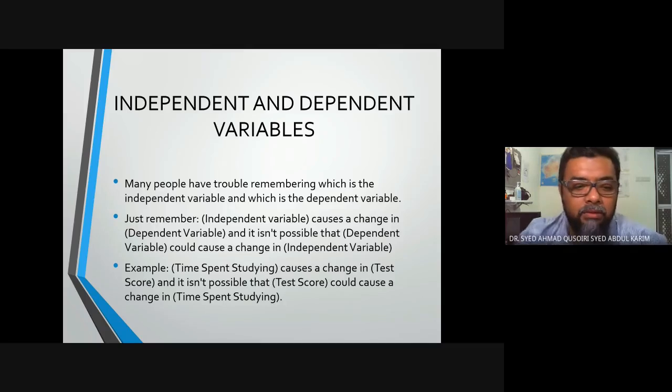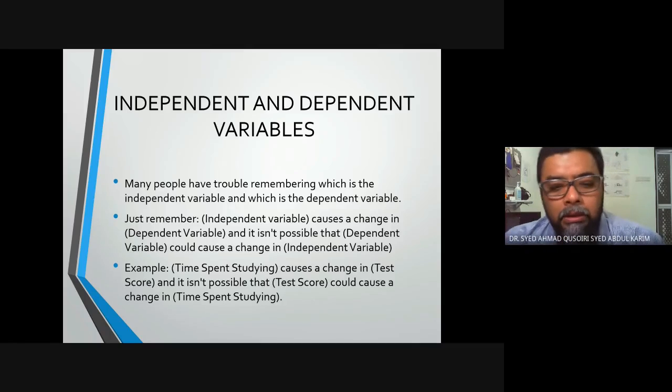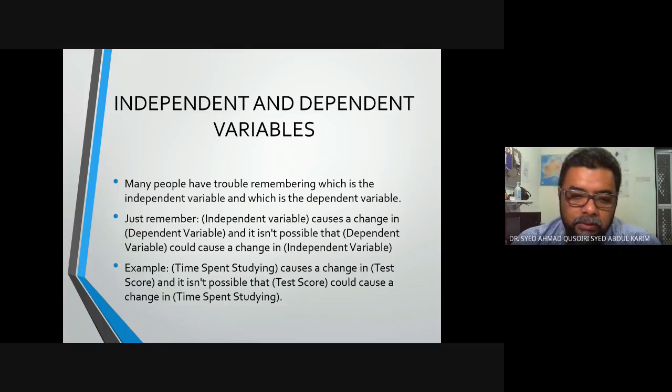For example, time spent studying is a variable, a factor, that causes a change in test score. The test score is another variable. So the independent variable here is the time spent studying, and the dependent variable is the test score.